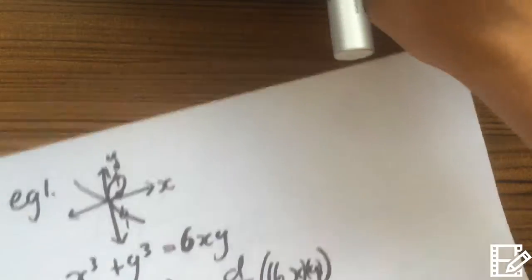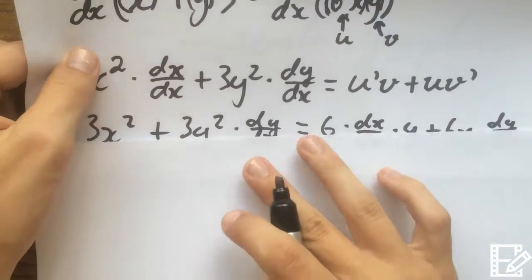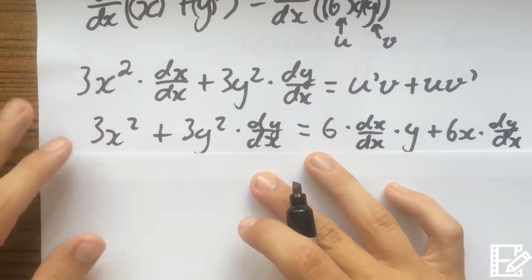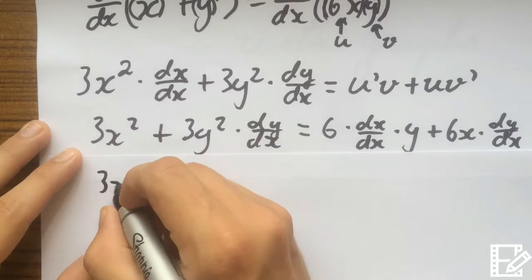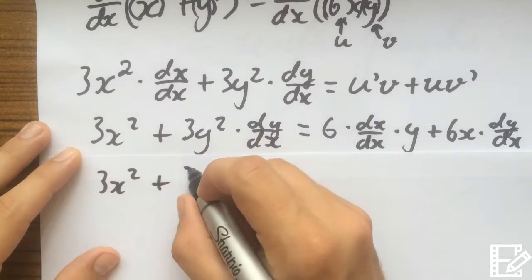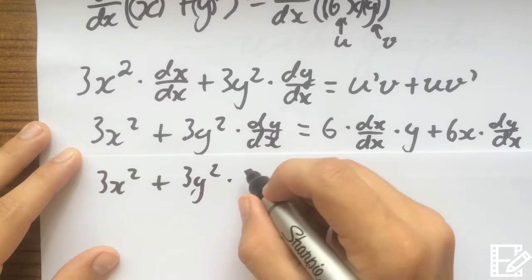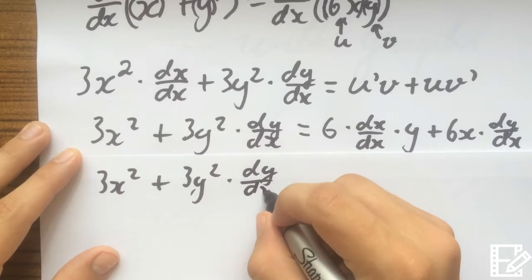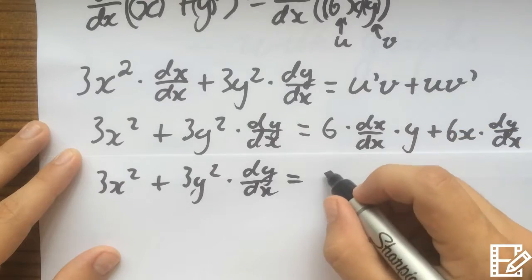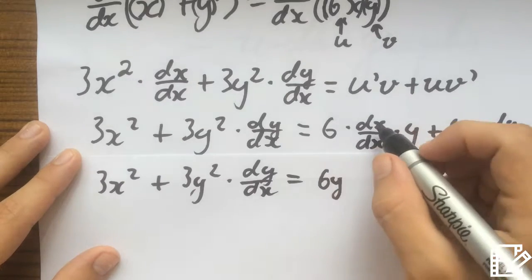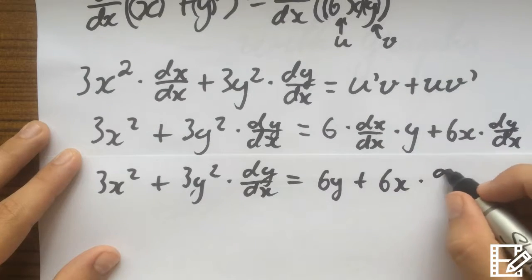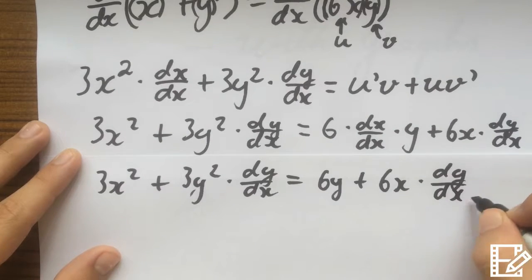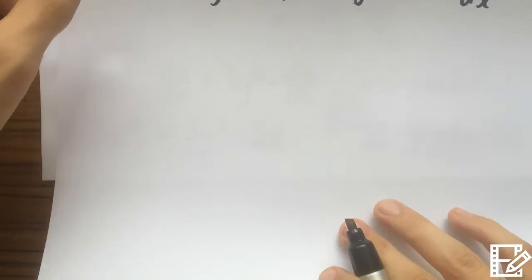Okay, now we'll continue on. So we have 3x squared plus 3y squared multiplied by dy dx equals, this will just be 6y, because 6 times 1 times y, plus 6x multiplied by dy dx.